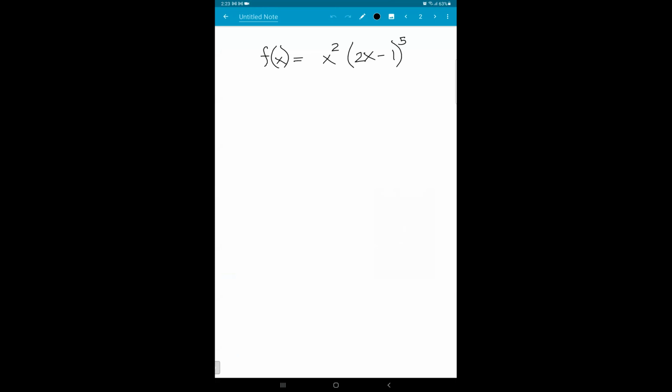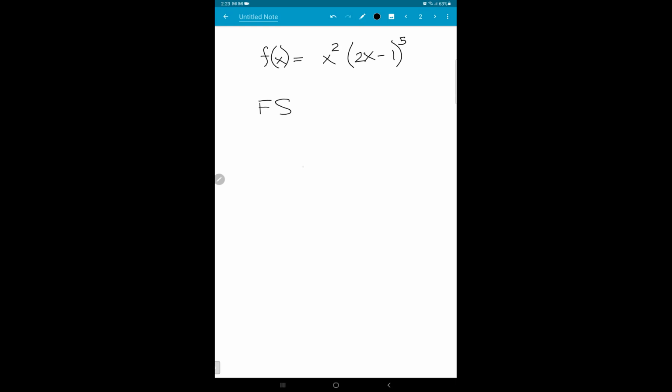If you reviewed or studied the topic of product and quotient rules, you may already be familiar with the formula or the rule which allows us to differentiate the product of two functions.